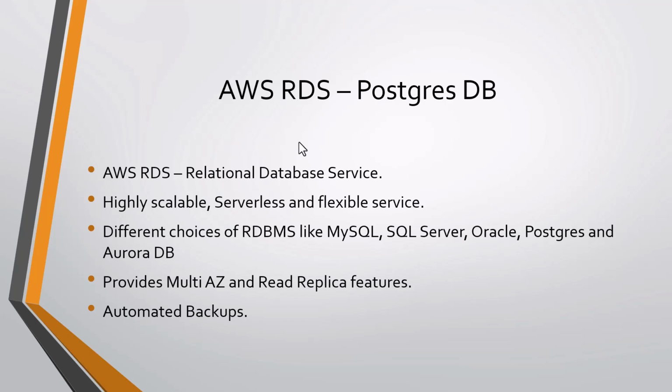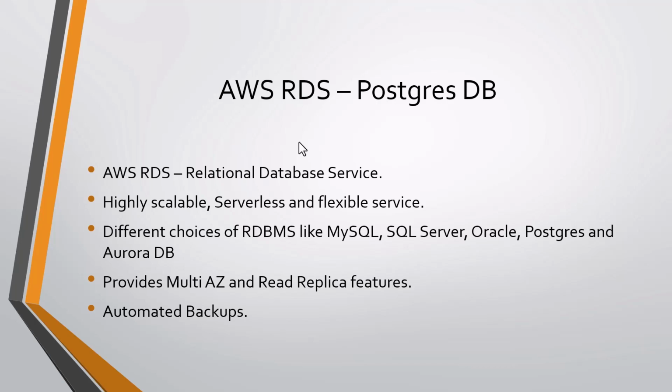The RDS service also provides multi-AZ, that is multi-availability zone, so that you could have automatic failovers, and even read replica features. Read replicas are where you could offload your read-only queries to specific databases which are replicated across a region. And this synchronization happens synchronously or asynchronously depending upon the availability within those services.